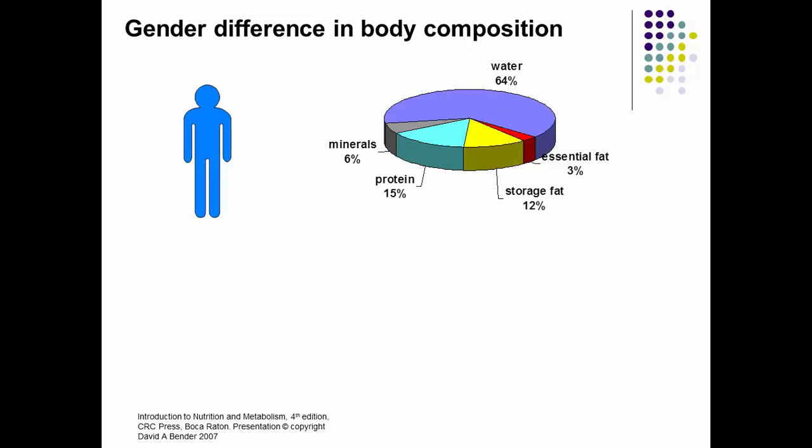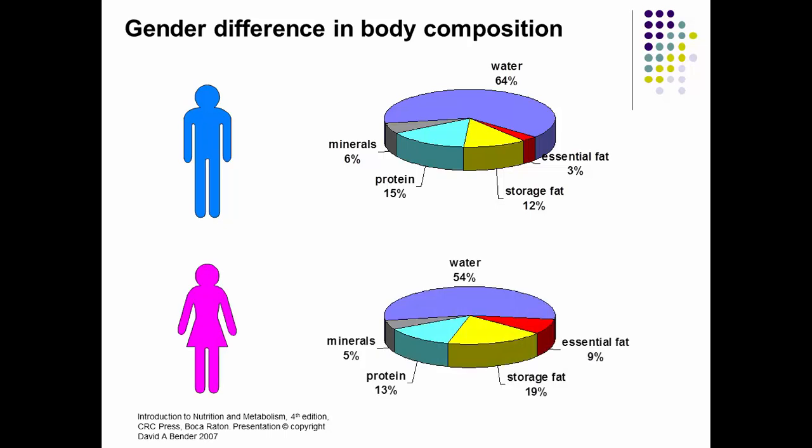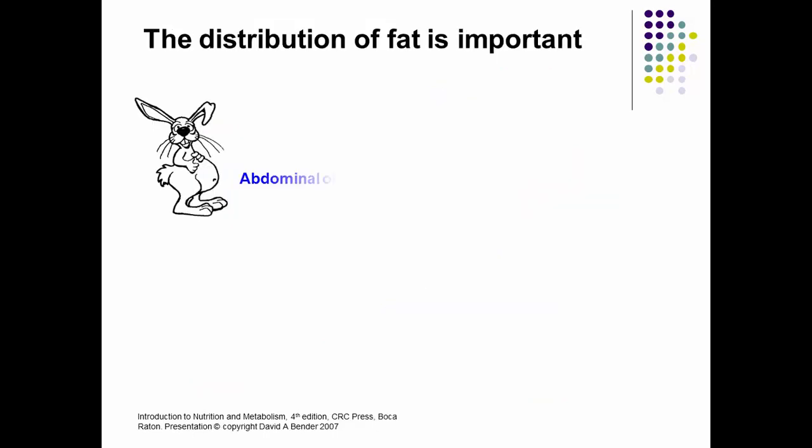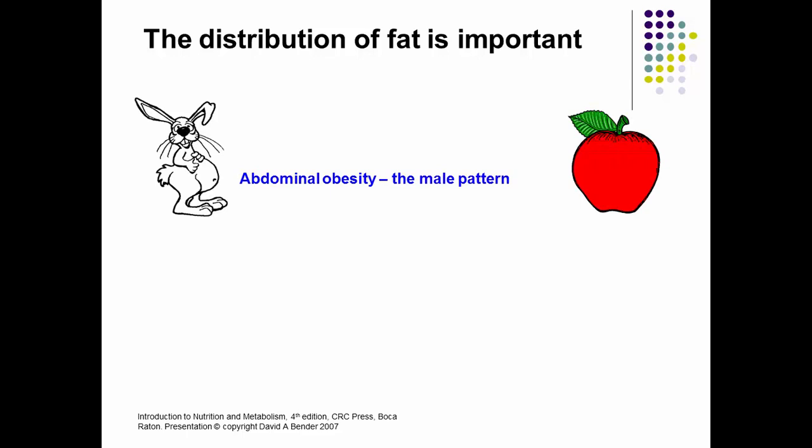And you probably also notice the gender difference in body composition, fat versus water. Men seem to have a higher percentage of water and a lower percentage of fat compared to women. Women seem to have a higher percentage of body fat. And the distribution of fat is actually more important than the total amount of fat.